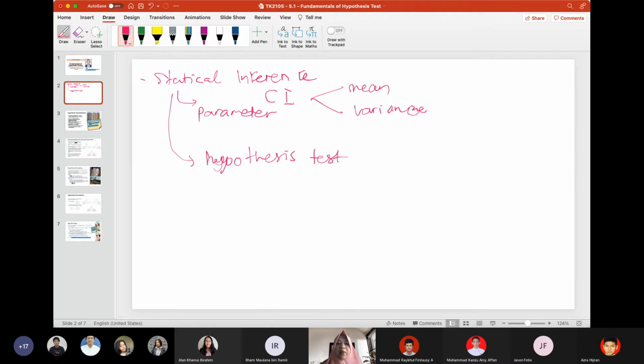Also, if you remember, there are two types of samples: small samples and large samples. If you have a large sample, you use the Z distribution. If you have a small sample, you use the T distribution, for example, in the exam.